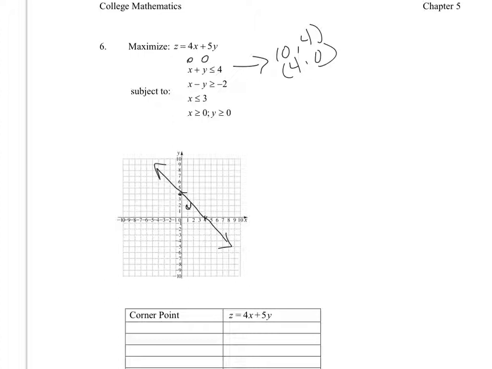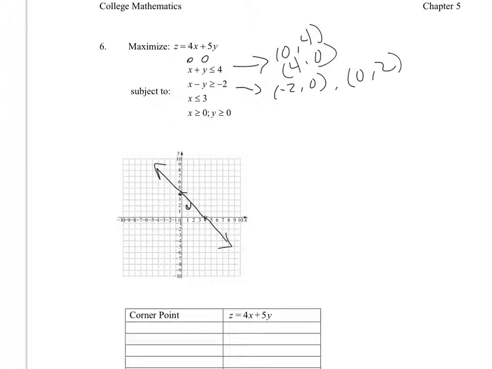All right, let's take x minus y is greater than or equal to negative 2. This is another one that we can solve pretty easily using intercepts. If I put in 0 for y, I'm going to get negative 2 for x. So negative 2, 0 is going to be one of the intercepts. If I put in 0 for x, then y is going to be positive 2.